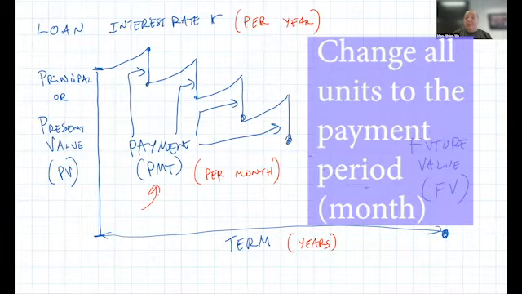If you have a different kind of problem where payments are made per week or per quarter, then change everything to that. So basically change it to whatever period is covered by each payment. That's a situation where you have a loan.